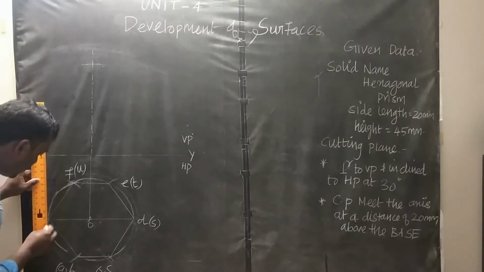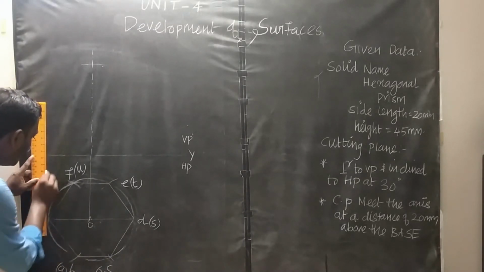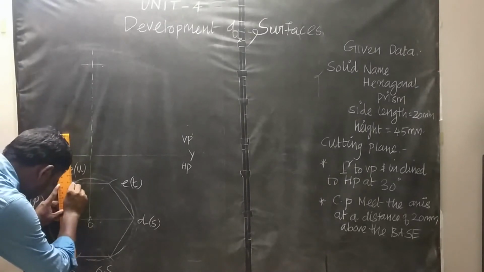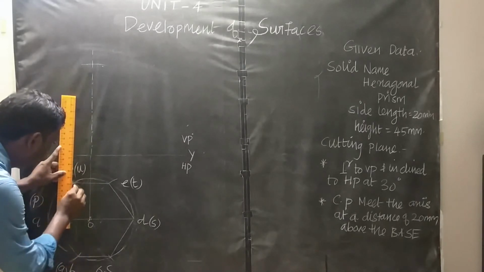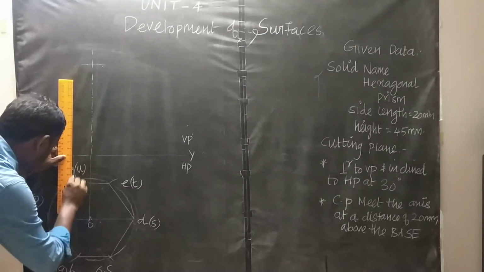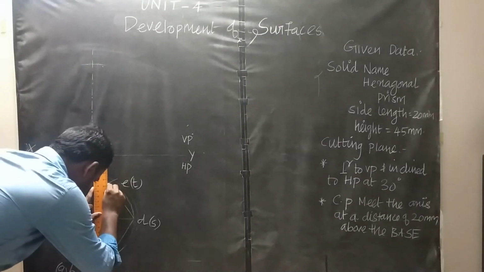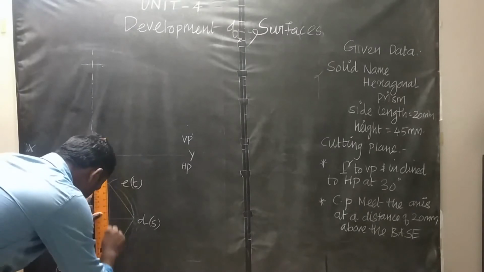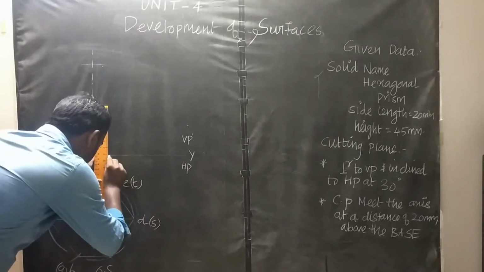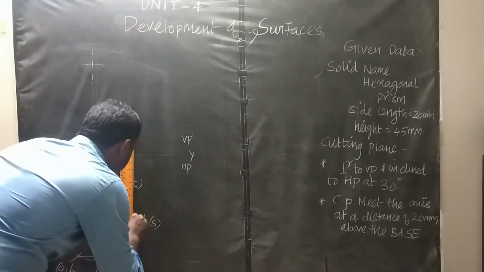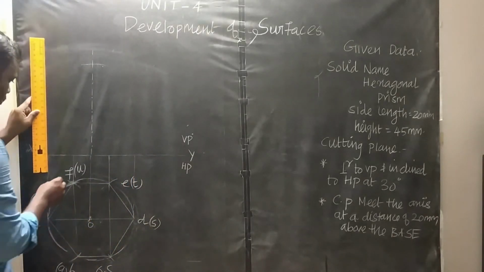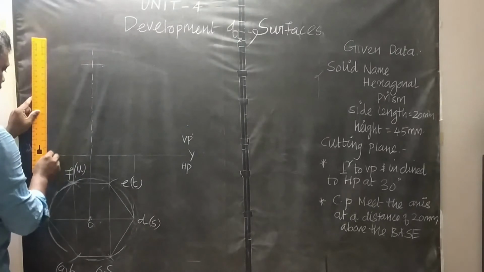From point A, draw the projection line up to XY, then project this point beyond the XY like this.